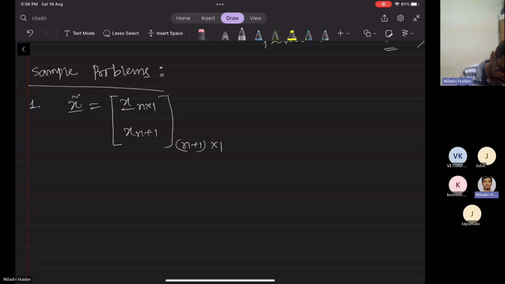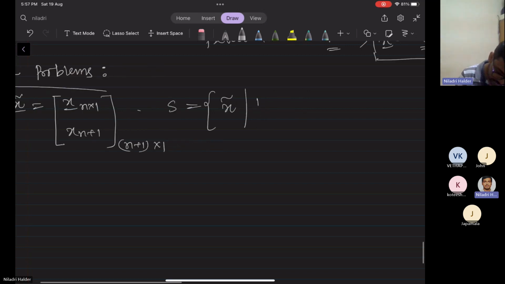Okay. So then let S be a set. S takes all those x tilde such that the norm of x is less than or equal to x n plus 1.